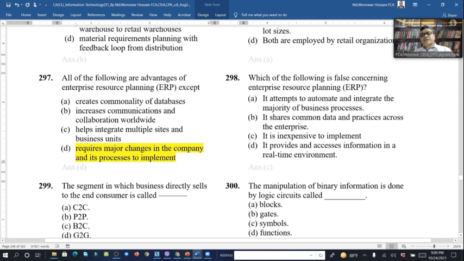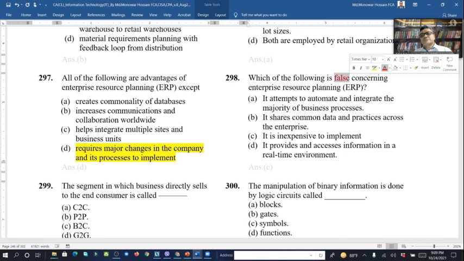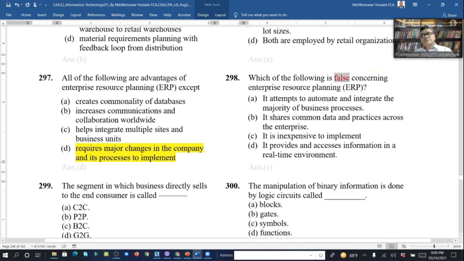Which of the following is false concerning ERP? Here, it attempts to automate and integrate. It is true. It shares common data and practices across the enterprise. Okay. C is not true. It is inexpensive and has a possessive image. Okay, so the answer is C.